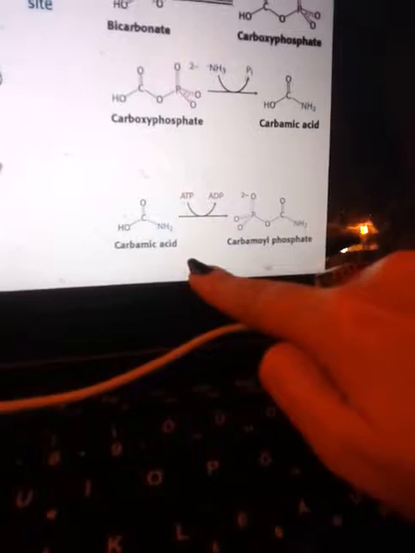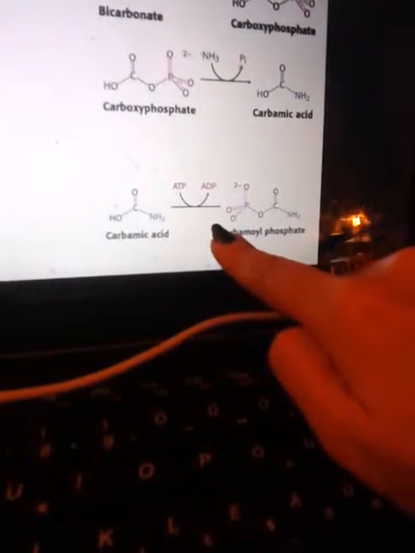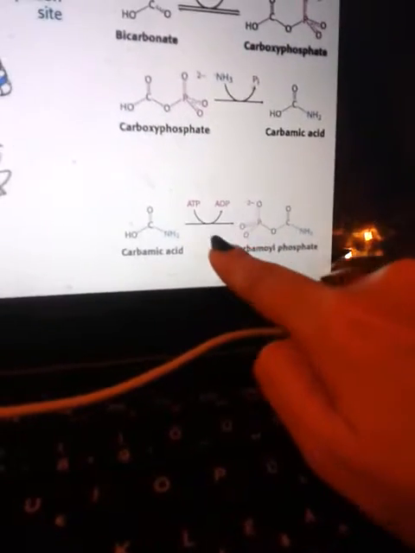First the amine comes instead of phosphate. Phosphate goes away. Then to carbamic acid the ATP is used as energy, and the phosphate remains here, and now we have a carbamoyl phosphate. I drew it correctly, okay? COONH2 phosphate.